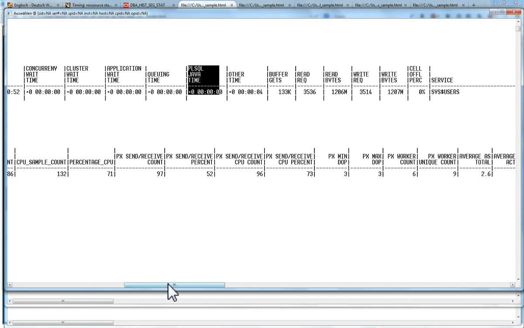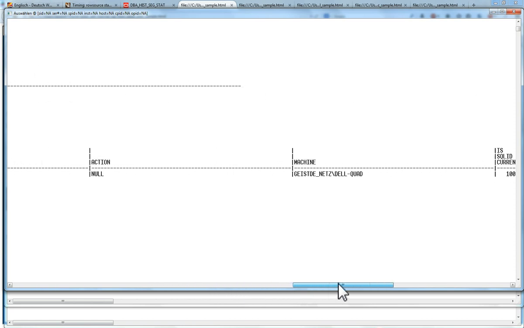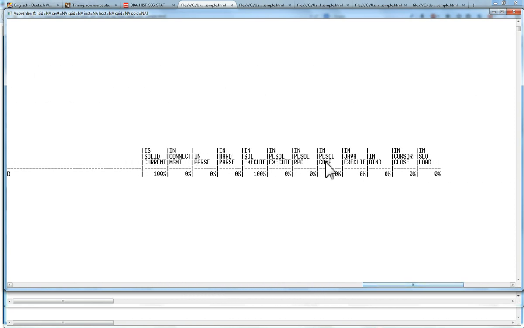In contrast, this PL/SQL execution and Java execution are samples, and quite often, if you have both available, you will notice that the instrumented database time spent on PL/SQL and Java is not really that close. At least in my experience, these two are not that close to each other.